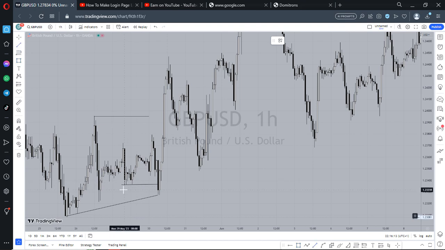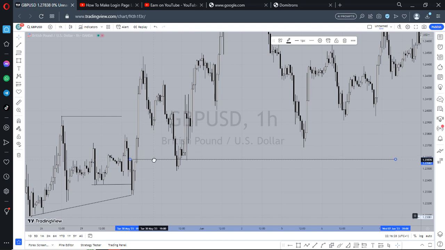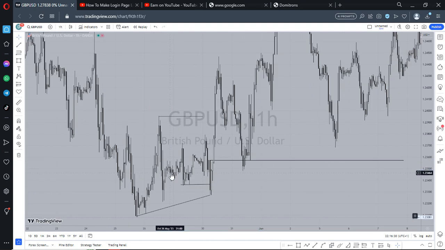Price traded lower, took out sell side liquidity, right? This sell candle was responsible for that right here. The sell candle was responsible for that, so that is a valid order block.